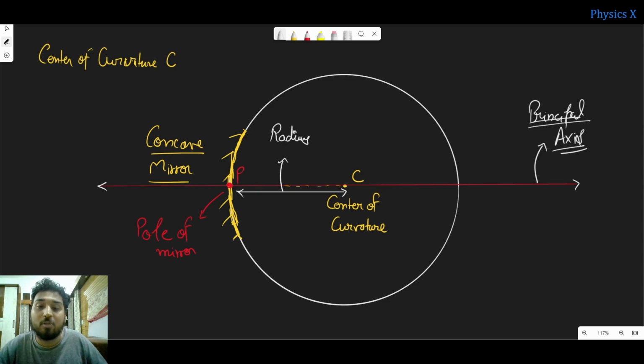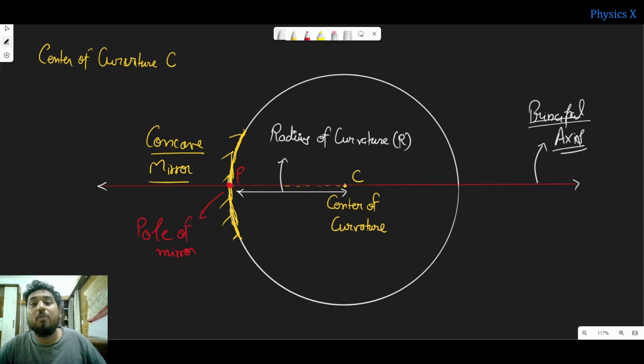Obviously, because through the center it is passing to a point on a circle, if you consider it in 2D space. So this is the radius of curvature, represented by R. Similarly, you can consider it for a convex mirror also. These terminologies remain the same.